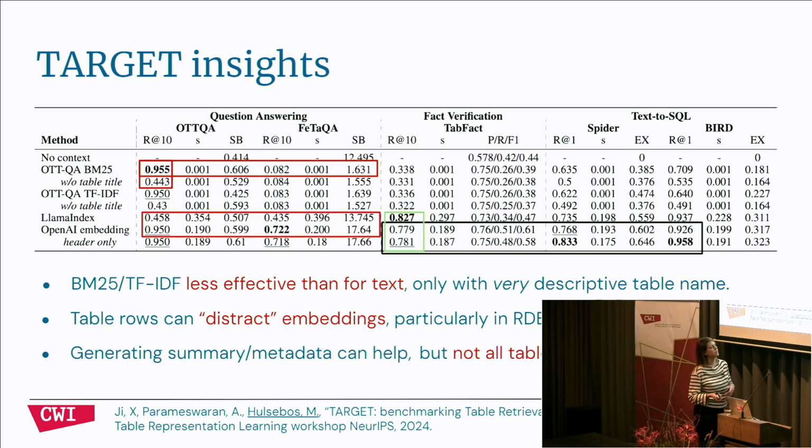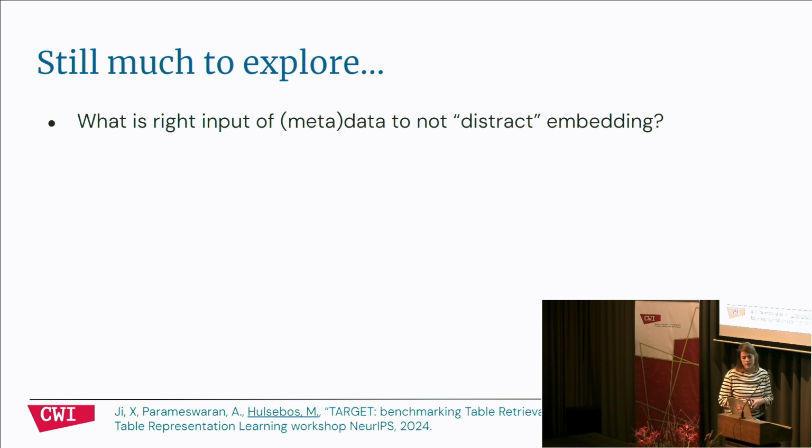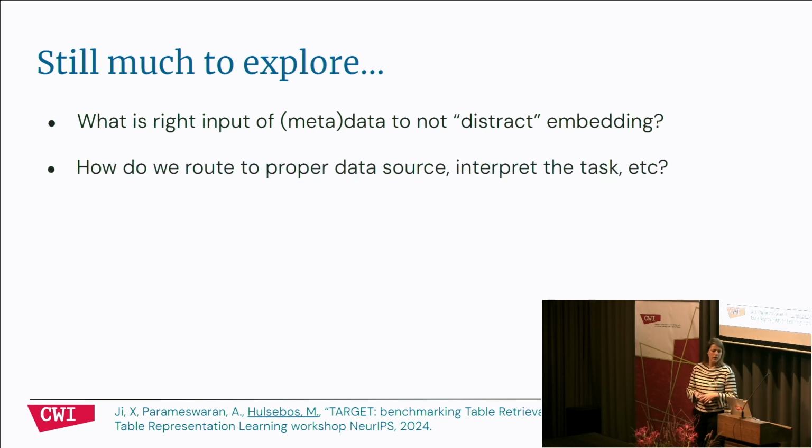All right, these are some other small notes. But there's much to explore. For example, what is the right input? What should we actually feed into these LLMs? But also, how do we route our query to the proper data source? Because we cannot always use relational tables as much as we wanted to.